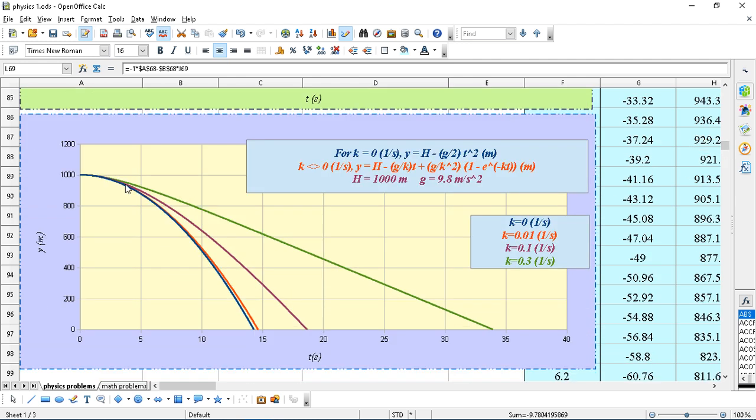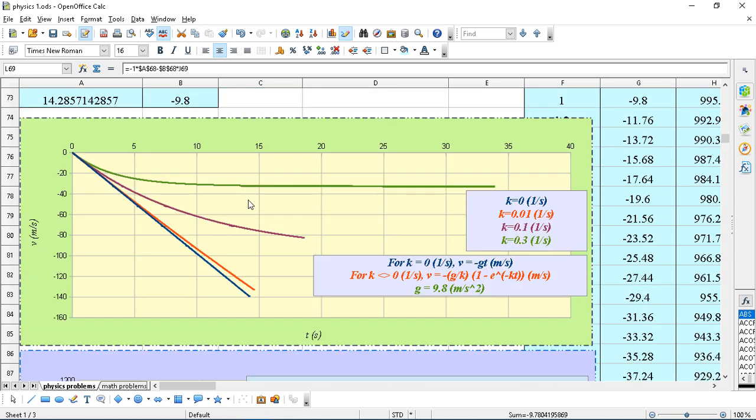And the curve for position for k equal 0.1 over second is further apart than the red line for 0.011 from the curve for the free fall. So the parabolic motion tends to adopt a more linear behavior.